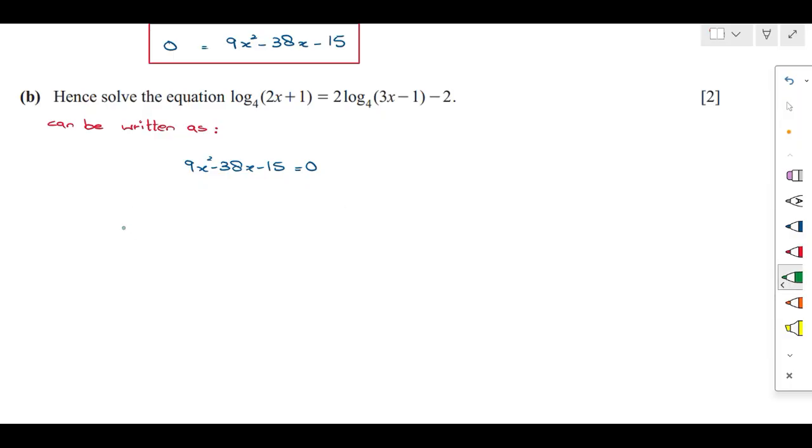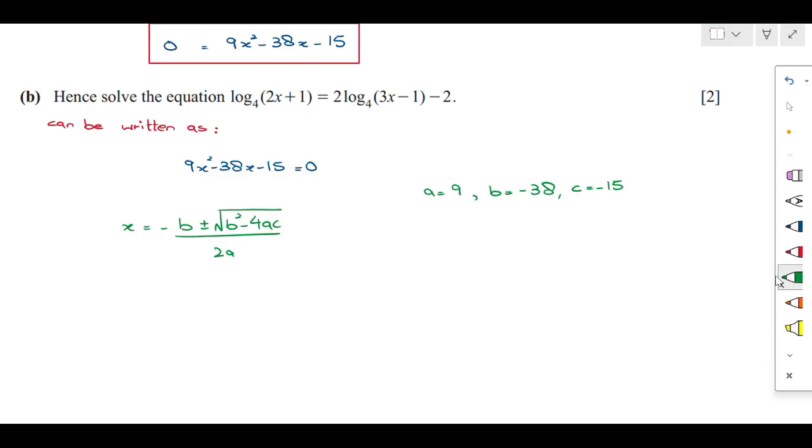So from the quadratic formula, x is equal to minus b plus or minus the square root of b square minus 4ac, divided by 2a. So a is the coefficient of x square, which is 9, b is the coefficient of x, which is minus 38, and c is the constant term, which is negative 15.